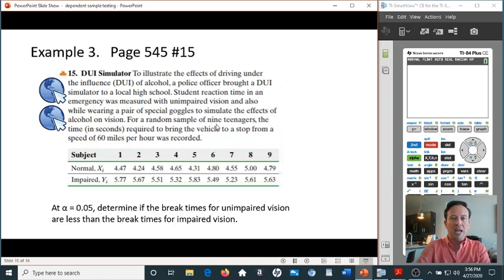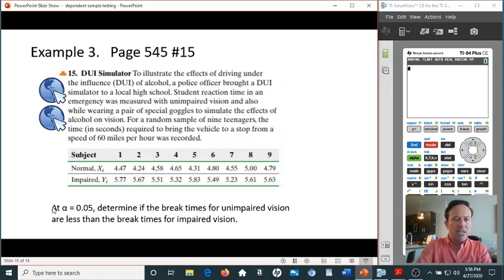For a sample of 9 teenagers, the time in seconds required to bring the vehicle to a stop from a speed of 60 miles an hour was recorded. The numbers on top are just the students, student 1, under normal conditions, and then, of course, wearing the impairing goggles.